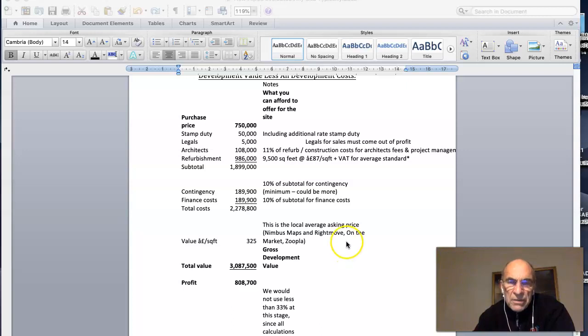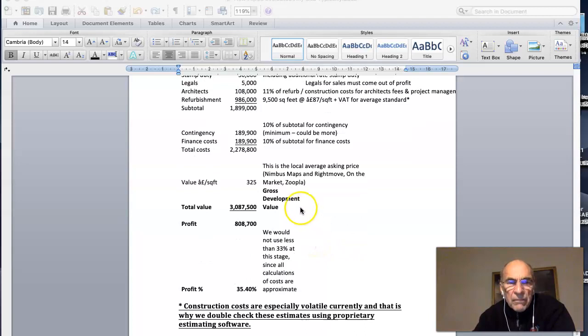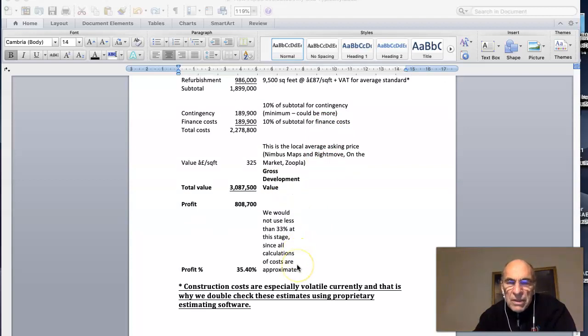We're not looking at asking prices, we're looking at sold prices. So take the gross development value, subtract the cost, giving you a gross profit, and identify the percentage on cost or on your own investment.